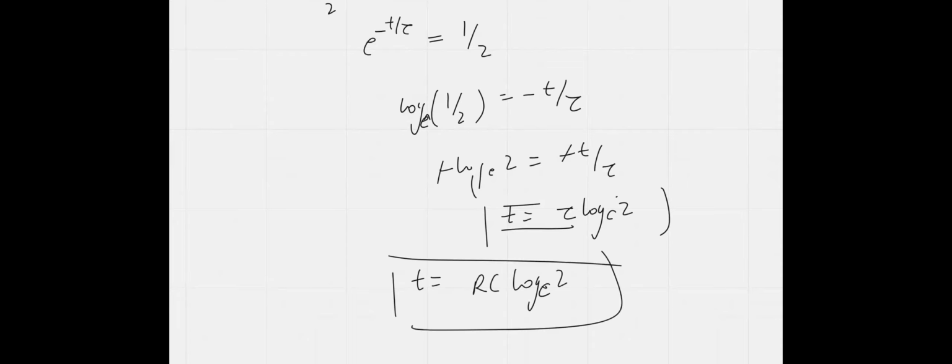Cancel, cancel. So what is t? t is equal to tau times log e of 2. If the value of tau is given, you can put it. Otherwise, we all know that tau is nothing but RC. So if R and C are given, you can also solve the problem. Is that clear, Krishna? Yes, sir.